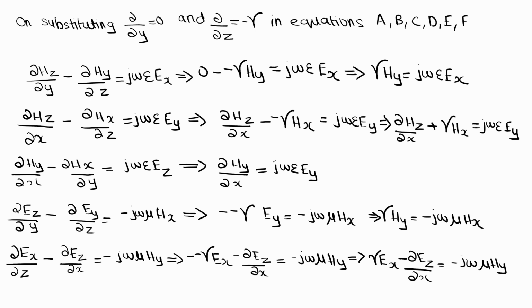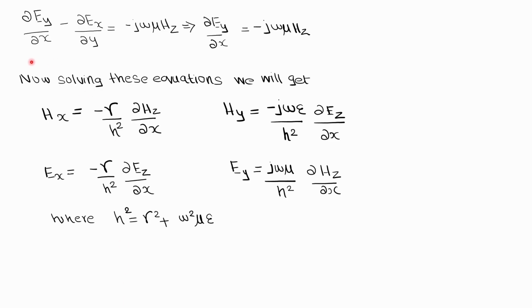And the next equation is ∂Ey/∂x minus ∂Ex/∂y equal to minus j omega mu Hz, which implies ∂Ey/∂x equal to minus j omega mu Hz.